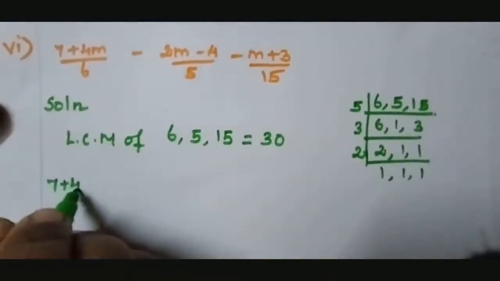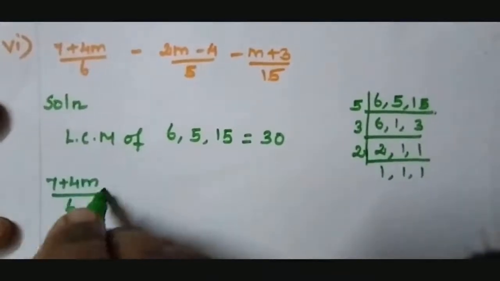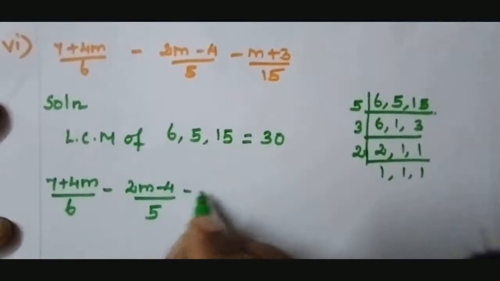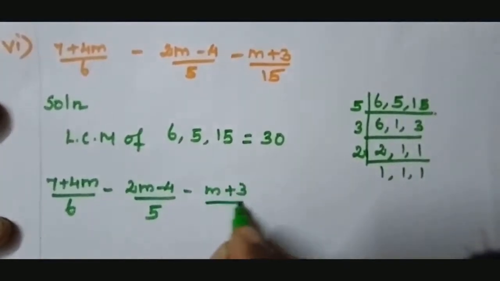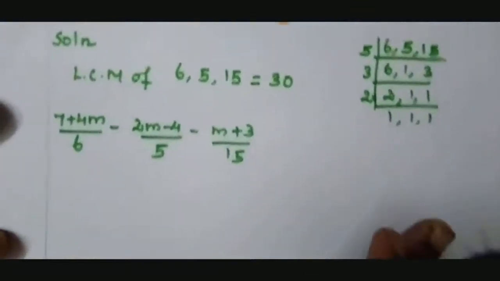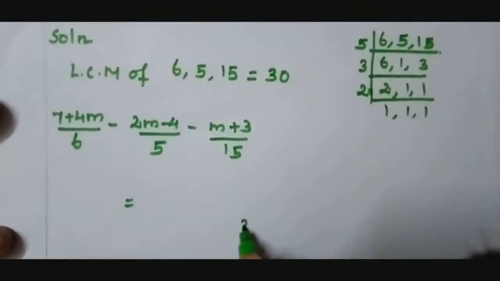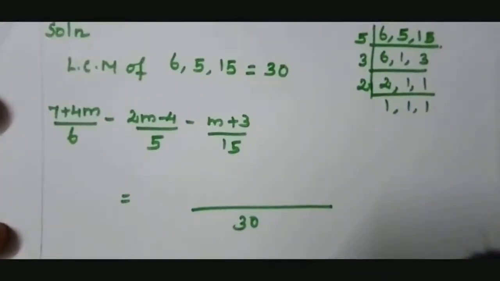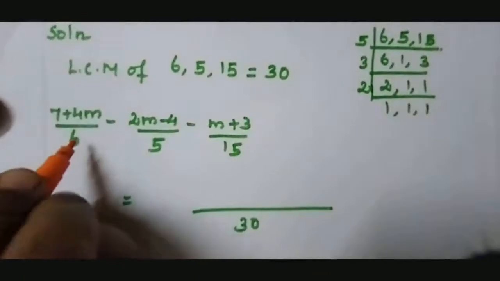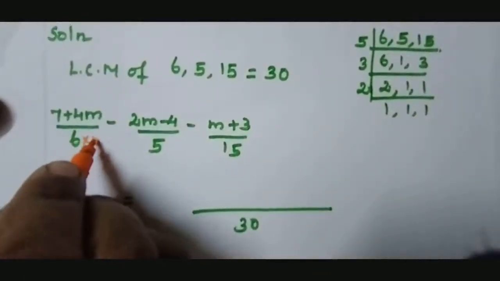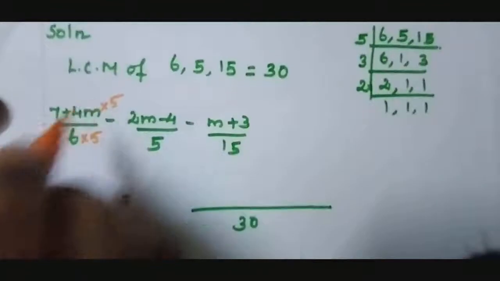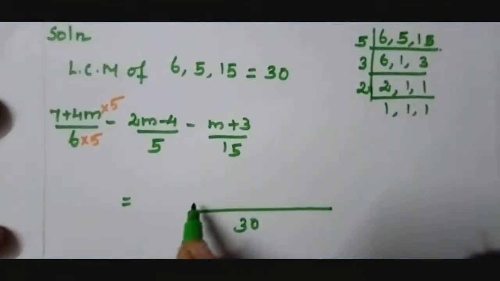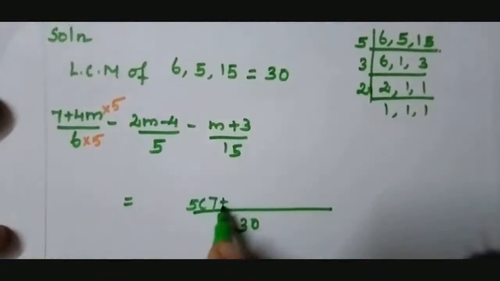(7 + 4m)/6 − (2m − 4)/5 − (m + 3)/15 is equal to, so write the common denominator, that is your LCM, as 30. So here the first term, the denominator is 6. So you should multiply the denominator as well as the numerator by 5 to get the number 30. So 5 times (7 + 4m).